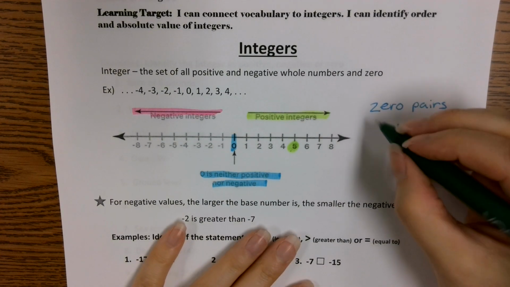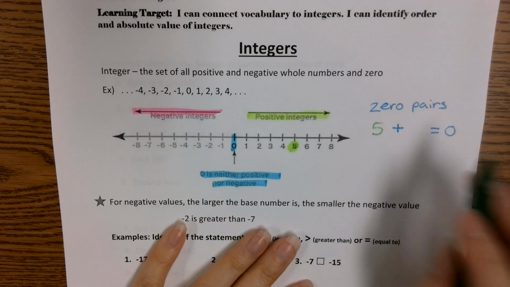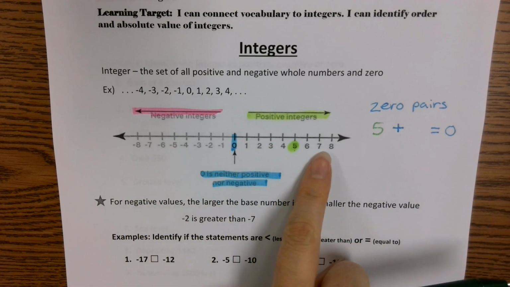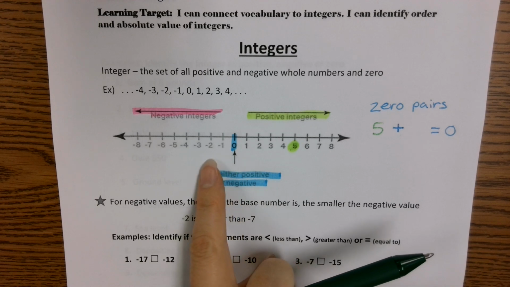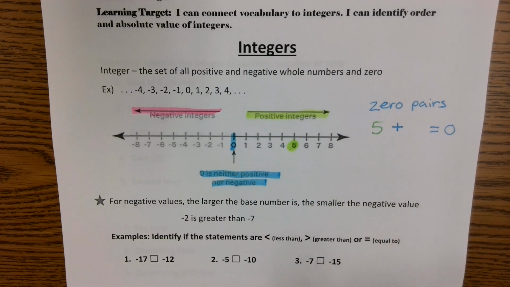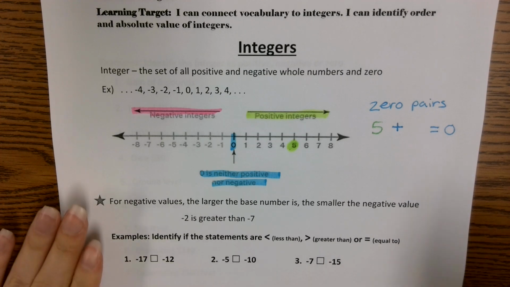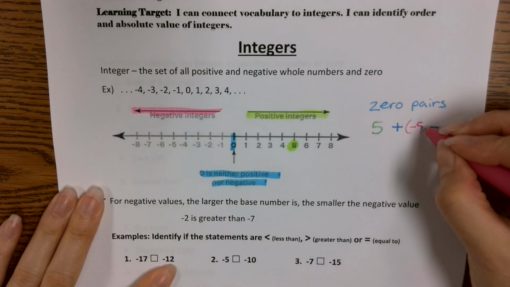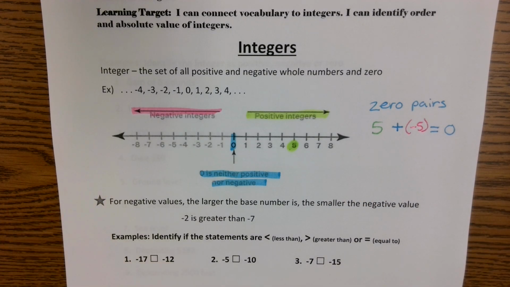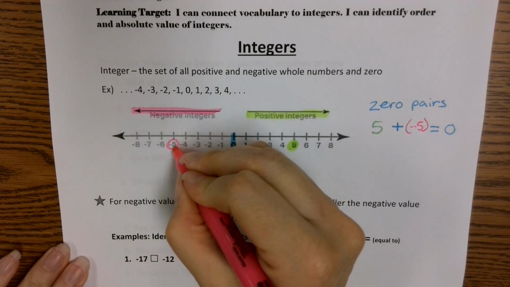I'm going to add something to it so that I can get 0. What number up here do you think we have to add to 5 in order to get to 0? What do you think? Negative 5. Okay, so if we add a negative 5 to a positive 5, that's going to give us 0. That's because these are called 0 pairs.